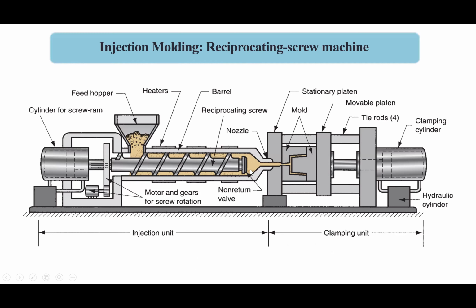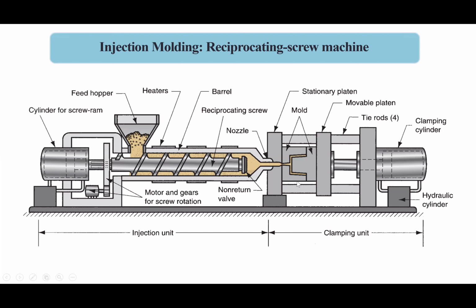In the injection, we inject the molten material into a cavity inside the component we call the mold. Inside the mold, there is a cavity where we inject the material and allow it to solidify for some time, and then we take it out.